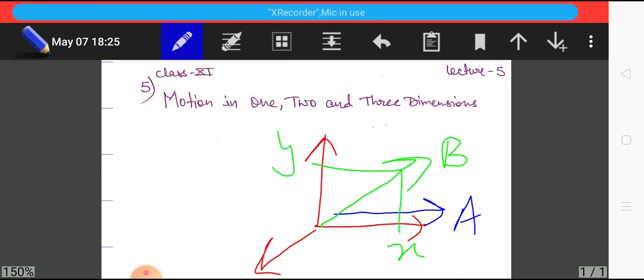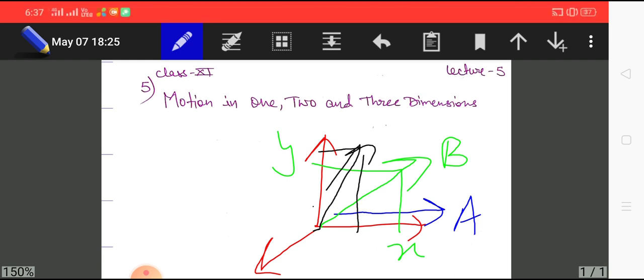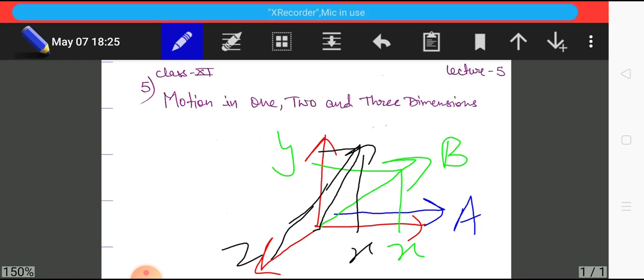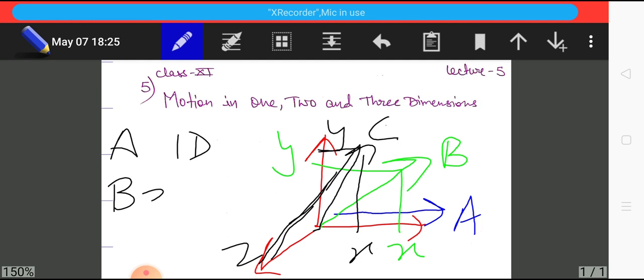And let us consider an object which is moving such that x, y and z, all three coordinates are changing, then we can say that the object is in three-dimensional motion. So A is one-dimensional motion, B is two-dimensional, and C is three-dimensional motion.